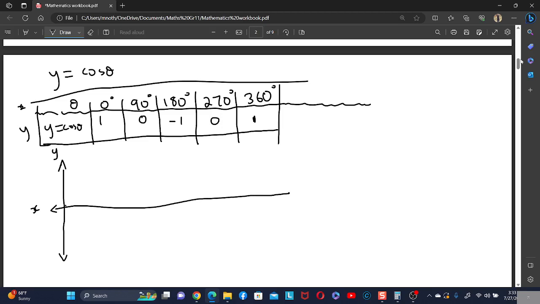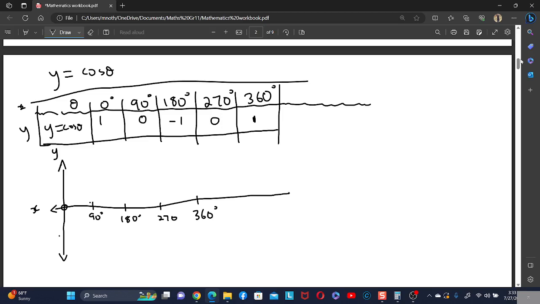Okay, so the graph is counting from 0, 90 degrees, 180 degrees, 270 degrees, and then 360 degrees. Okay, so you can see that our y values, the maximum one is 1, and then the minimum one is -1.